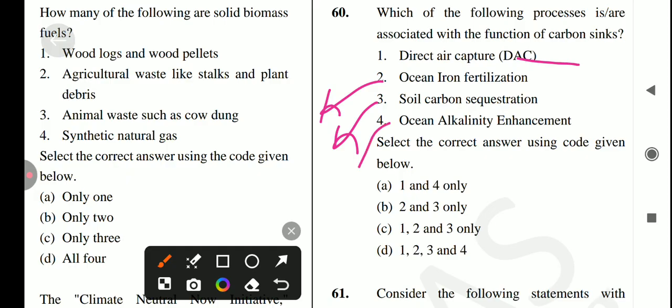Another one is ocean alkalinity enhancement, which increases the ocean's ability to absorb carbon dioxide by adding alkaline substances to seawater, thereby increasing the ocean's carbon storage capacity. The increased alkalinity leads to more carbon dioxide being converted into bicarbonate ions, which are soluble and can be stored in the ocean for long periods. Okay, so the answer is option number D.